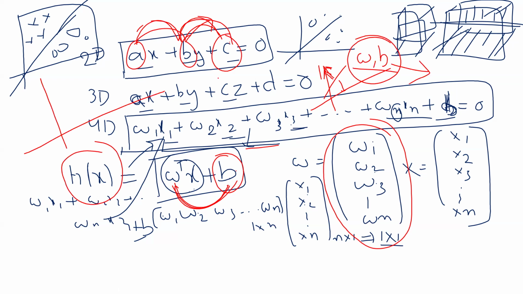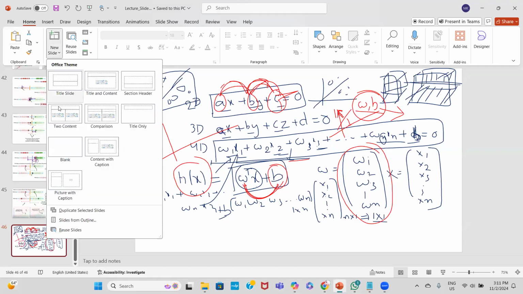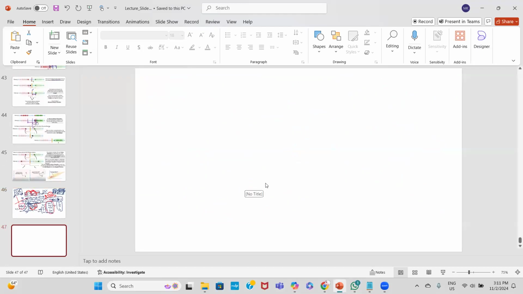Going forward, what you have to understand is that the hyperplane will be denoted by the equation h of x is equal to W transpose X plus B.